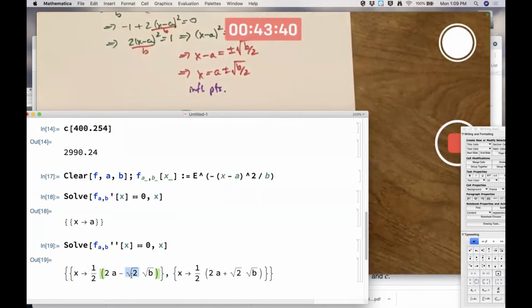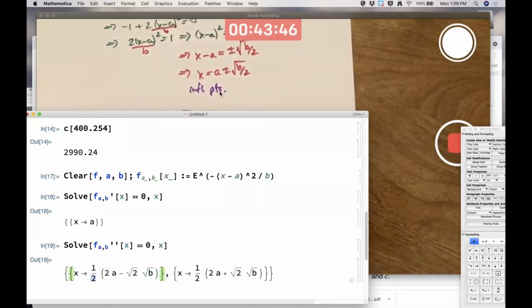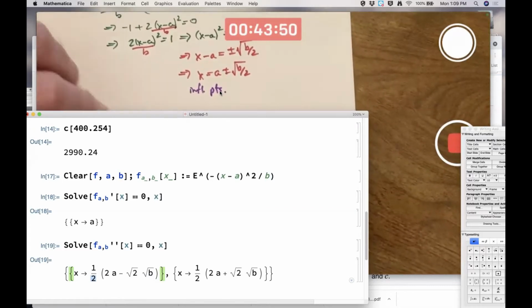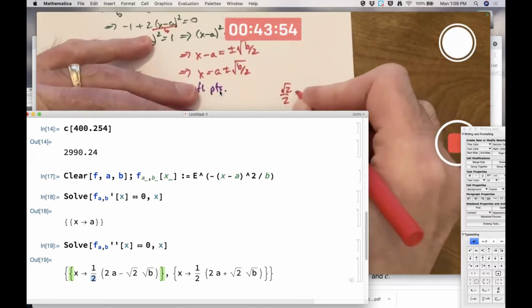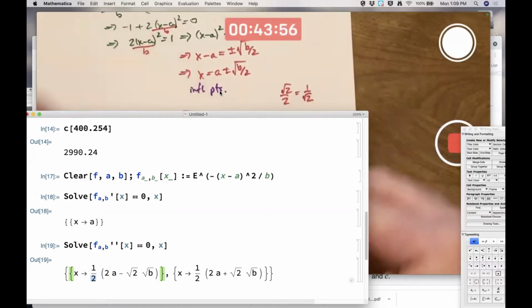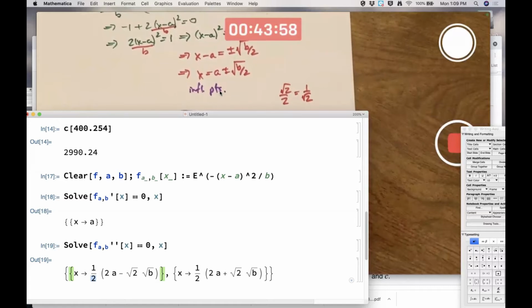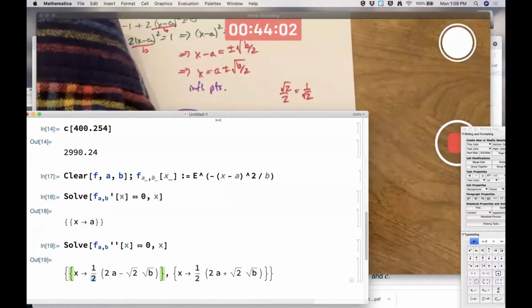And square root of 2 times square root of b over 2 is the same as square root of b over 2, it turns out, because square root of 2 over 2 is the same as 1 over square root of 2. Here's the reason. So I got the right answers, is what I'm trying to say here.